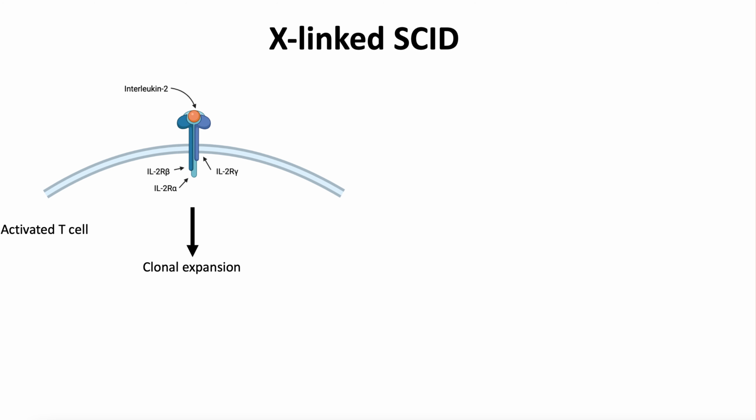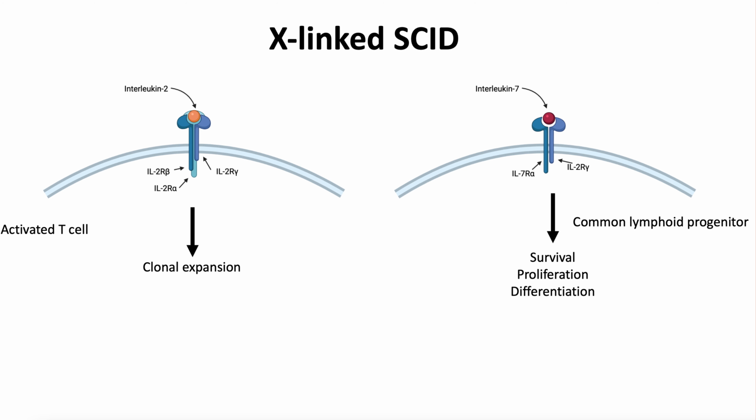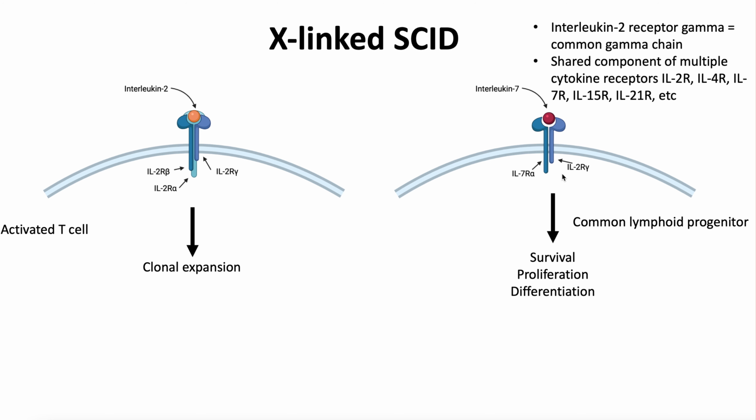Now, developing lymphocytes in the bone marrow don't express the high-affinity IL-2 receptor, but they do express one component of that receptor, and that is the IL-2 receptor gamma. And the IL-2 receptor gamma is commonly referred to as the common gamma chain, and that's because it's a shared component of many different receptors for different cytokines, including the IL-2 receptor, the IL-4 receptor, IL-7, IL-15, IL-21 receptors, and so forth.